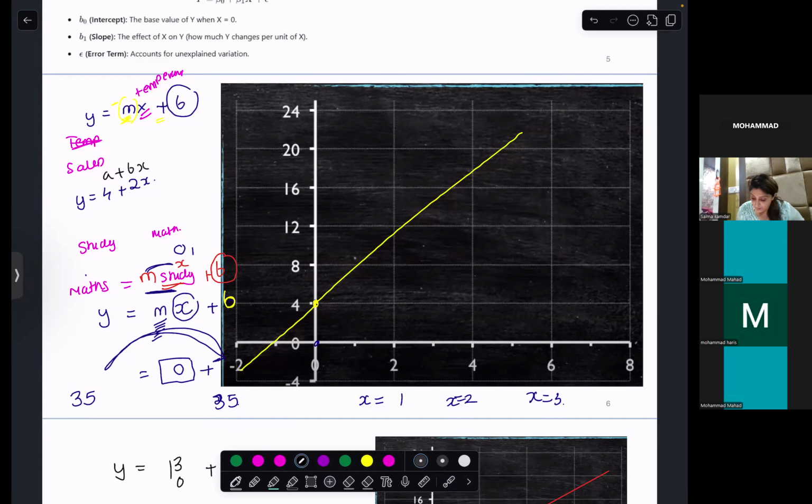So b is my slope. What does this tell me? It tells you how much y increases when the value of x changes. So as x changes, your y will change b times.